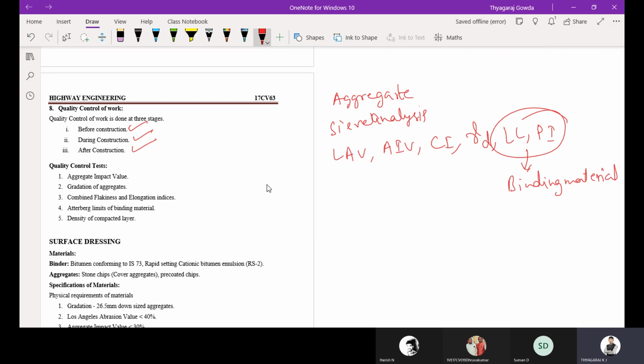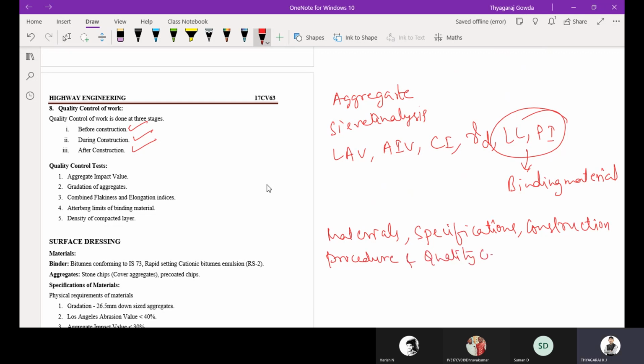So in the exam, how will they ask? Materials, specifications, construction procedure, and quality control tests.